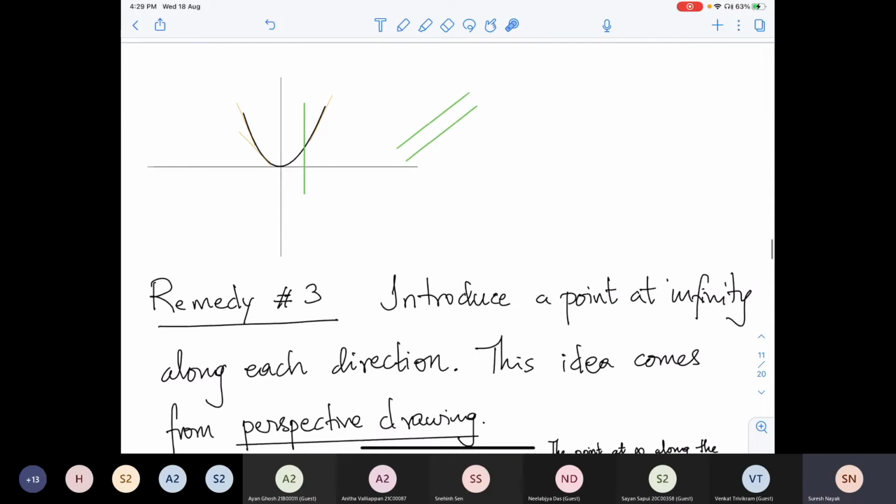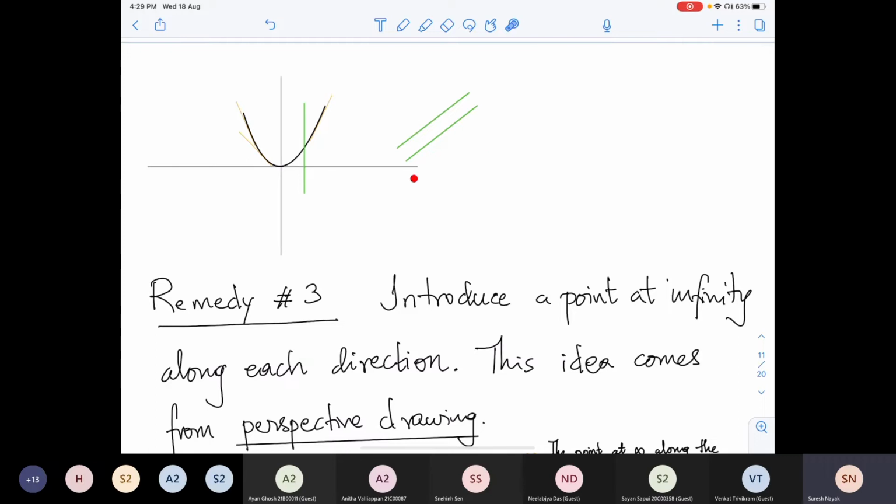Okay, why am I saying that? Well, there's an analogous situation which we have ignored, in fact. You didn't even have to go to the parabola. You could have just taken two parallel lines. And these two parallel lines don't seem to meet at all. So degree one, the expected intersection multiplicity is 1, but they are parallel, so there is no intersection. All right, so with this situation, the next remedy is to therefore introduce a point at infinity for every set of parallel directions.